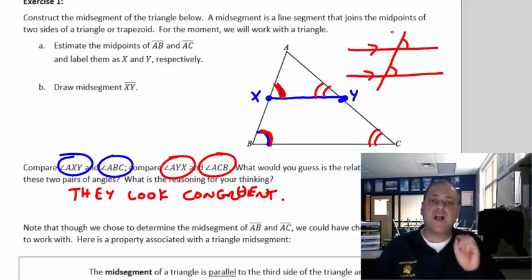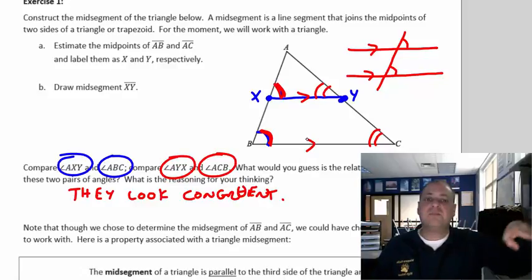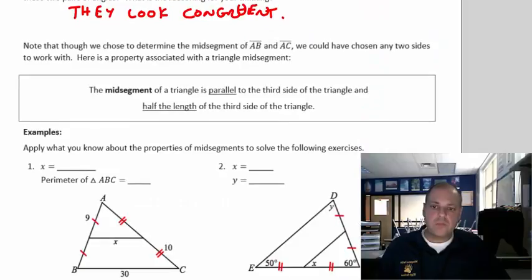So as long as these angles are congruent, which they are, the segments are going to be parallel. So the mid-segment is parallel to the third side.